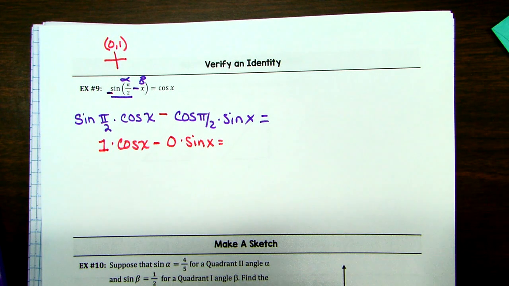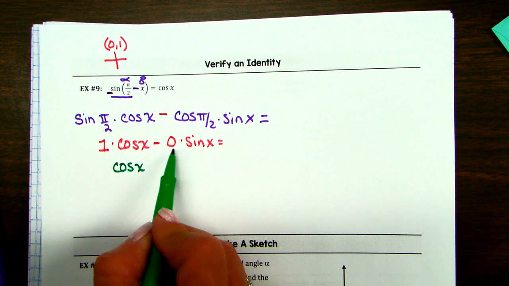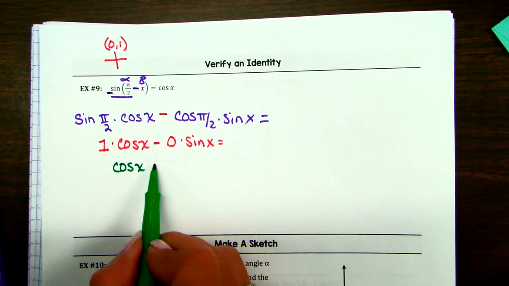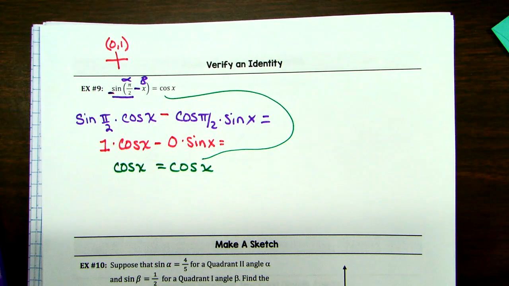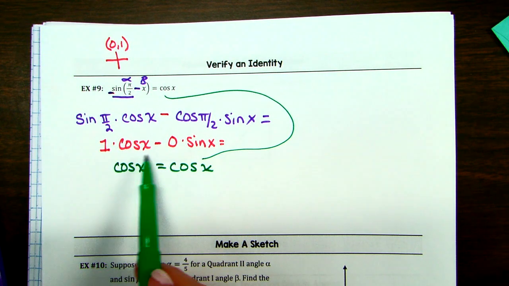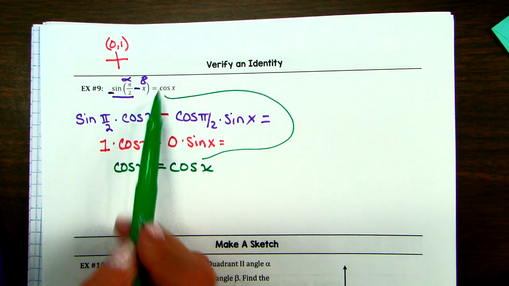So 1 times cosine x is just cosine x. And then 0 times anything is just 0. We did it. Right? So you have cosine x minus 0. Just cosine x.